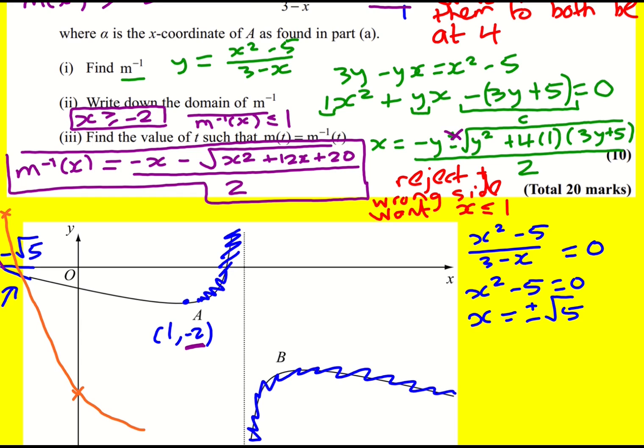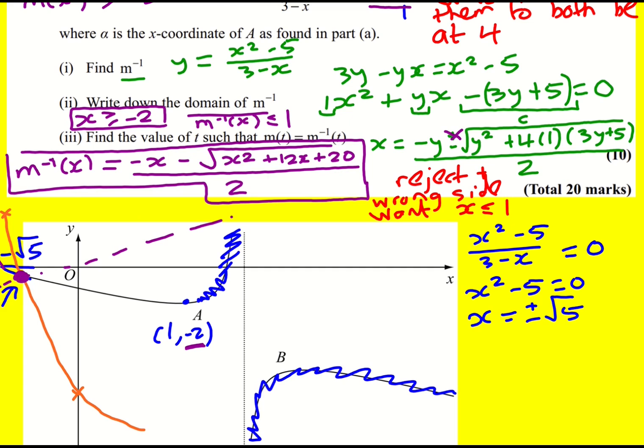What happens with an inverse and its original function is that they are reflections of one another in y equals x. Sorry, I really haven't drawn this to scale. You'll just have to trust me that that is y equals x here. So it's this point that I'm interested in.